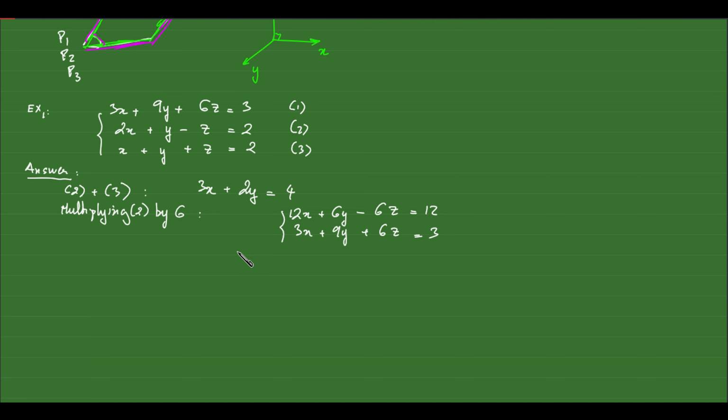Then they give you 15x plus 15y equals 15, and if we simplify this, we get x plus y equals 1. Now I'm going to combine this one and this one. I'll call this equation star, and this equation double star. So I combine star and double star.